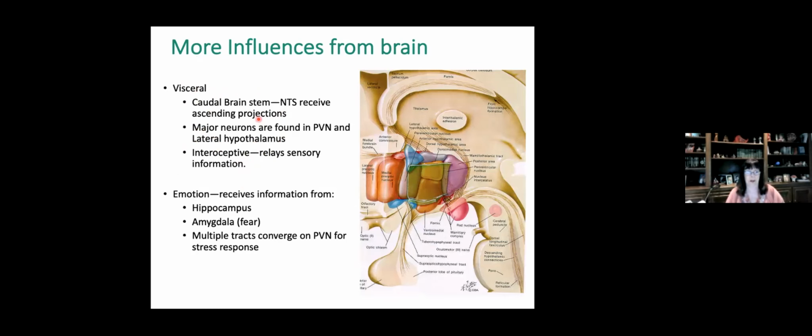And this will help us relay information about appetite. Are you full? Are you sick? Do you like that food? That kind of thing. And then, of course, it receives emotion: your fear response, your stress responses, emotion from memories, your hippocampus. We're not going to learn all of those inputs, thank God. This would take an entire course.